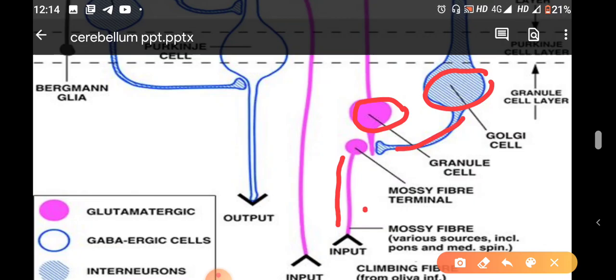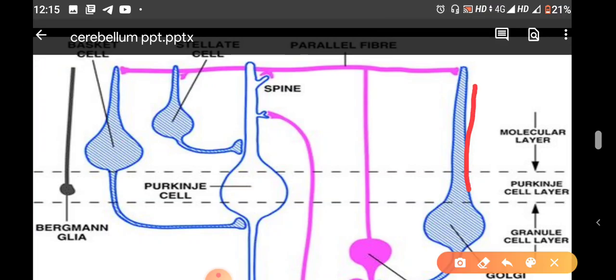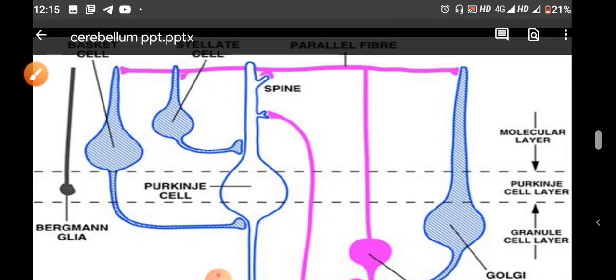So mossy fibers excite these dendrites of Golgi cells also, and the Golgi cell's axon inhibits the granule cells. So excitation of the granule cell is rapidly decreased by a negative feedback loop via Golgi cells. This arrangement is called the feedback inhibition of granule cells.